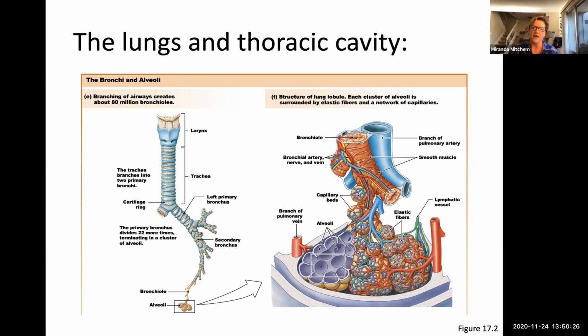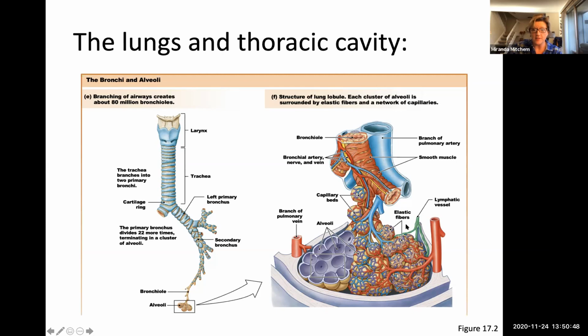Because in the lungs, we're at that exchange level between the lungs and the bloodstream. So therefore, we need the bloodstream to do that. So we've got very extensive capillary beds that surround each of those alveoli bulbs.